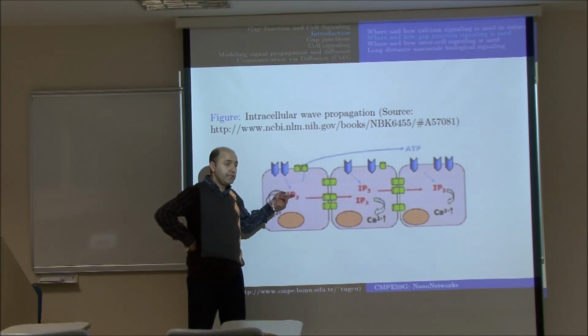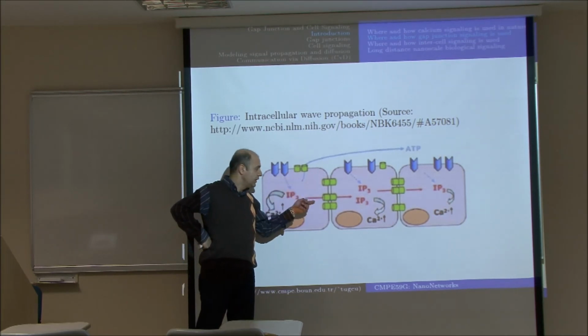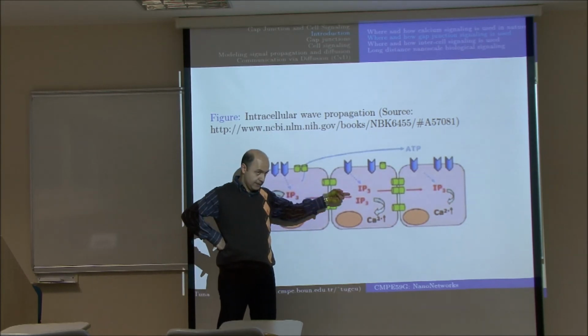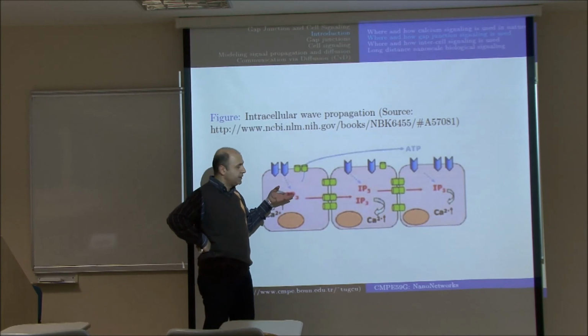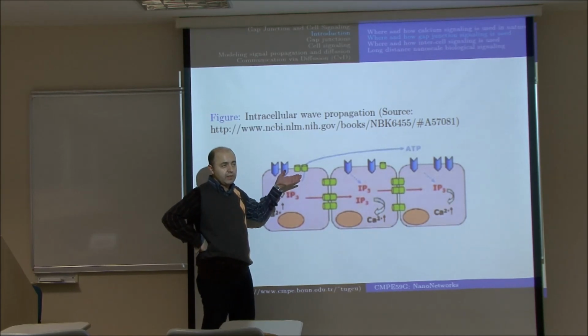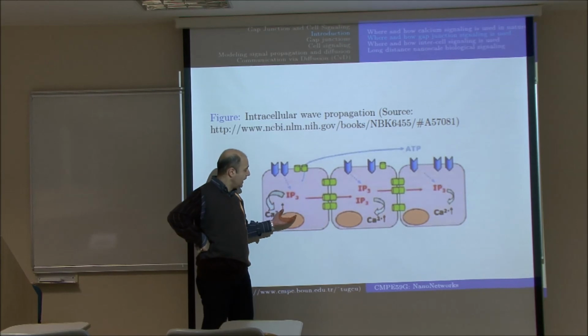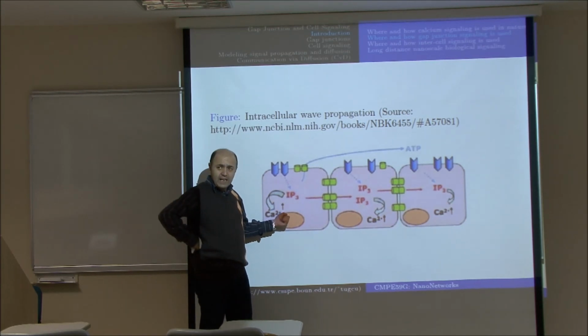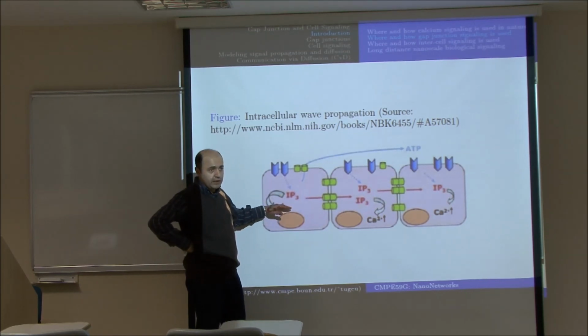And some of these IP3 molecules, with Brownian motion, will lead through these gaps, if they're open of course, to the neighbor cell. Meanwhile, the concentration of IP3 molecules will go beyond the threshold, which will now cause a reverse operation. And now the calcium will be stored back in the calcium pool to be used later on again. And this will also reduce the IP3 concentration here. So the concentration of calcium in the cell will first increase, then decrease.